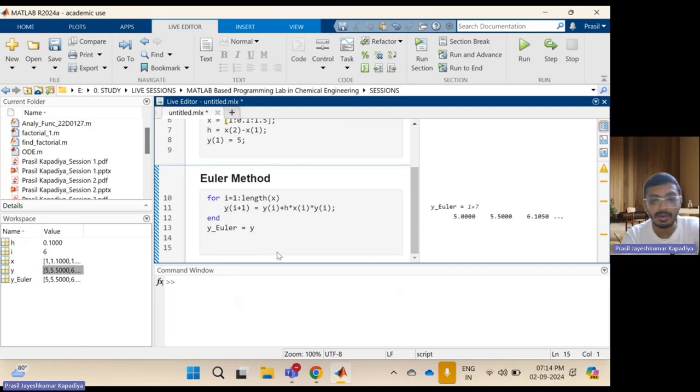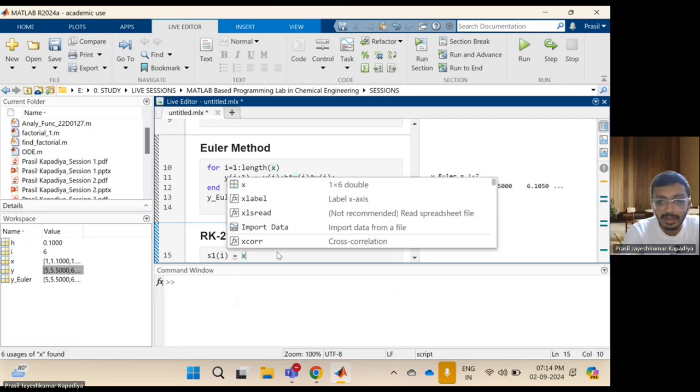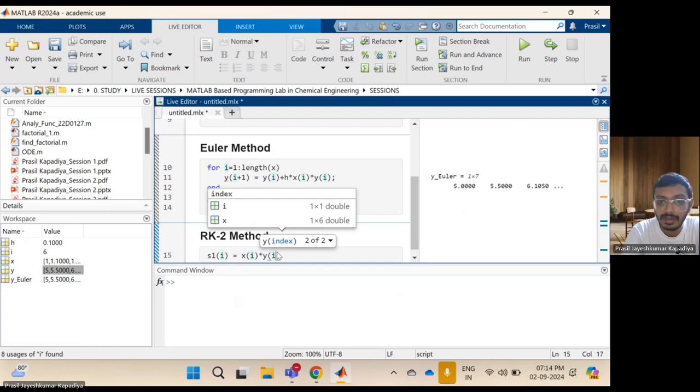Now let's try to write down the same thing using RK2 method. For RK2 method, I have first S1 is equal to f of x of I, y of I. Correct.